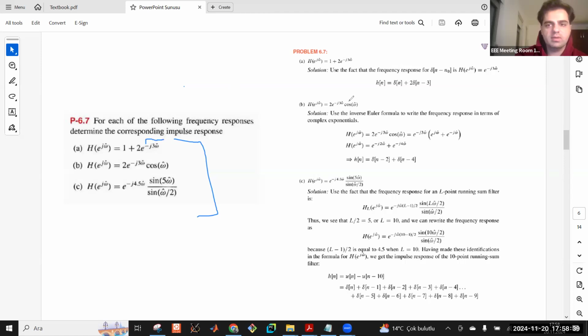So for example, for part A, coefficients are 1 and 2, and exponent terms are 0 and minus 3. Therefore, corresponding delay terms will be 0 and minus 3. As a result, this will be our impulse response.